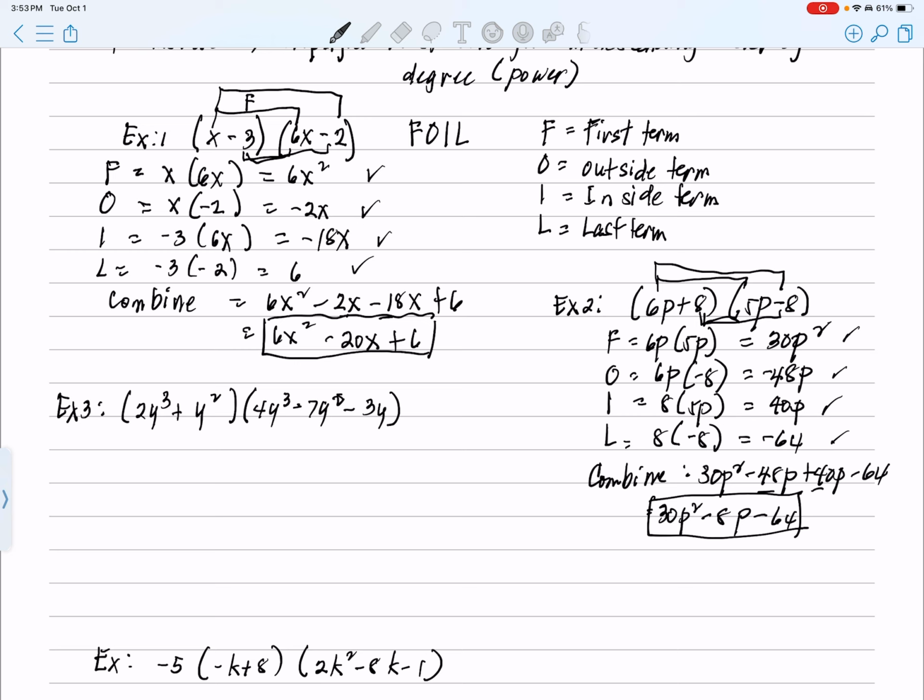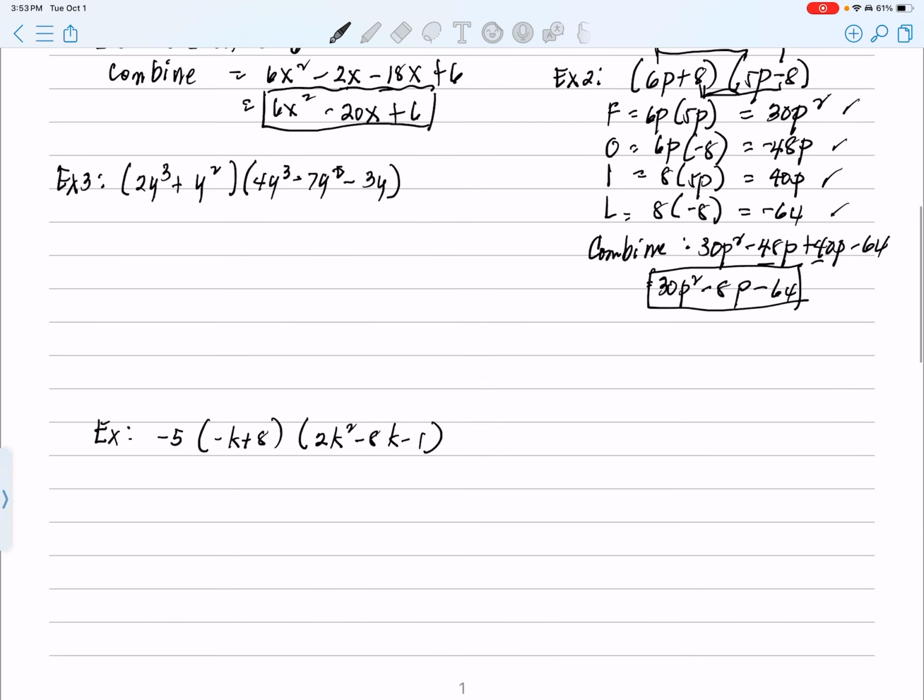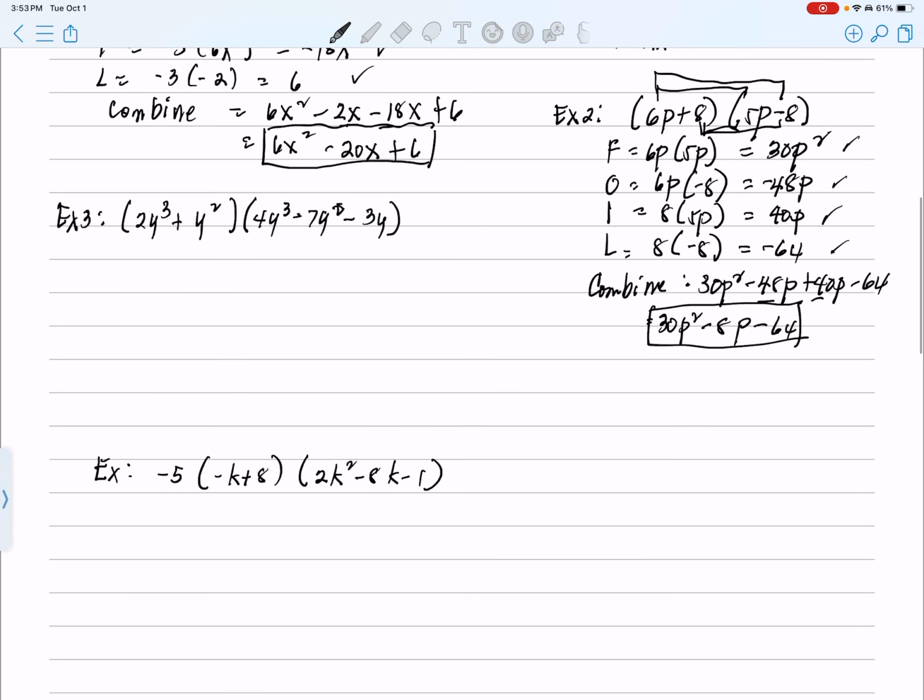Okay? How about if you are given a binomial? Example 3. A binomial multiplied by a trinomial. You cannot use the FOIL method because FOIL is only for two binomials. So what we're going to do here is just distribute and multiply each term.